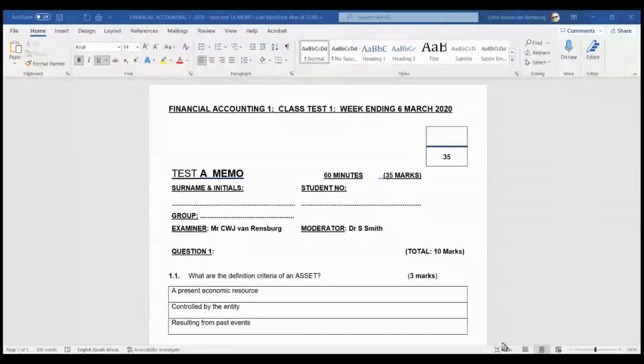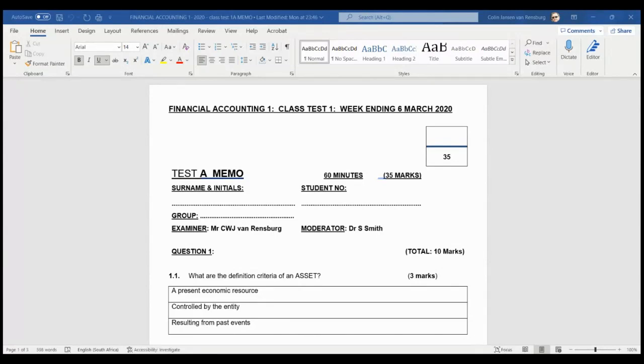There we go. Okay. So this is Financial Accounting 1, class test 1, week ending the 6th of March 2020. Sorry, not 2019, obviously. The lockdown only happened at the end of March 2020. So we still had this test, the 2020 March class test on paper. Okay.